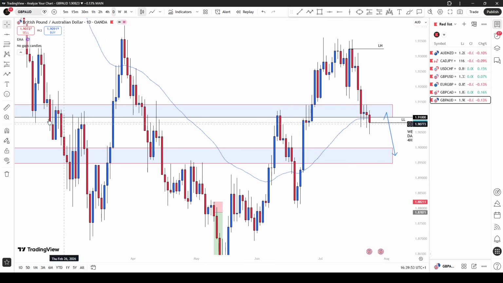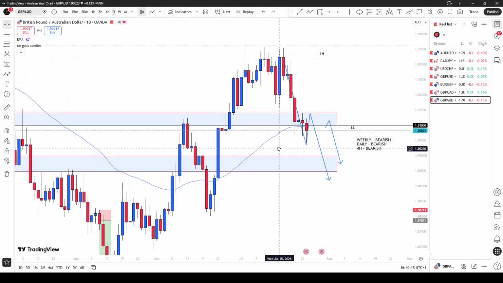So I'm actually waiting for something like this. We already have the break, so I'm waiting for a pullback to reject, to have the sell to the downside. If I should draw this now, it's literally what I'm waiting for, just like this to the downside.